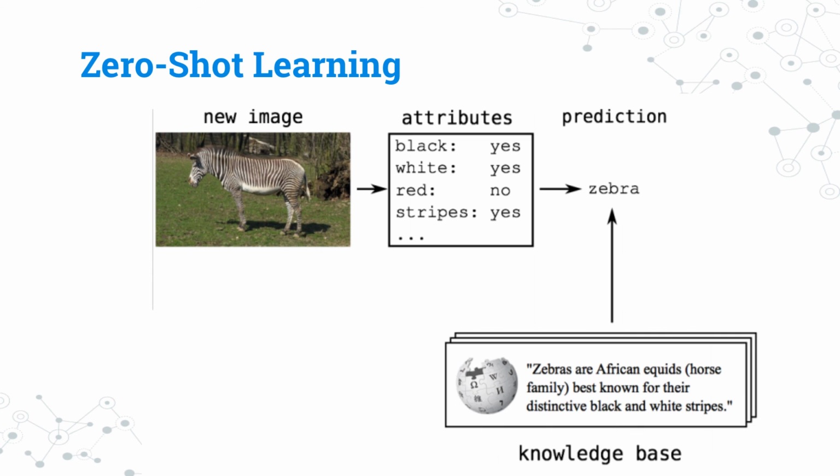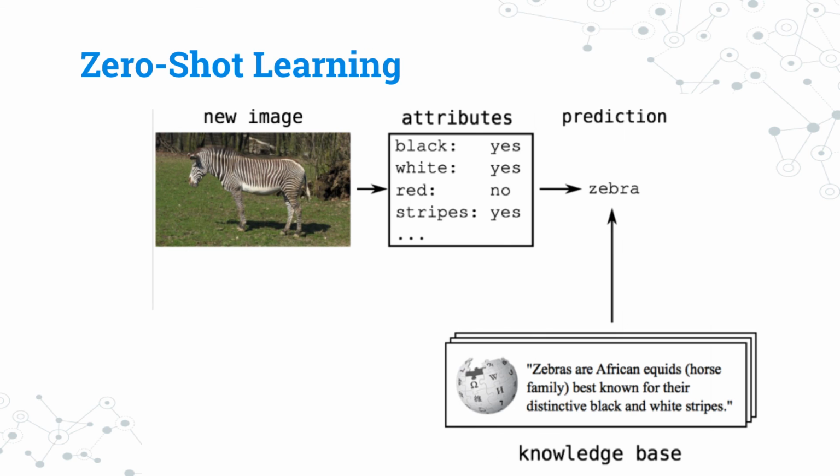But based on the knowledge representation of our image and our knowledge base, we essentially search through our knowledge base for what matches our image embedding the most. So in this case, we're saying, okay, these attributes match a zebra, so we'll call it a zebra.